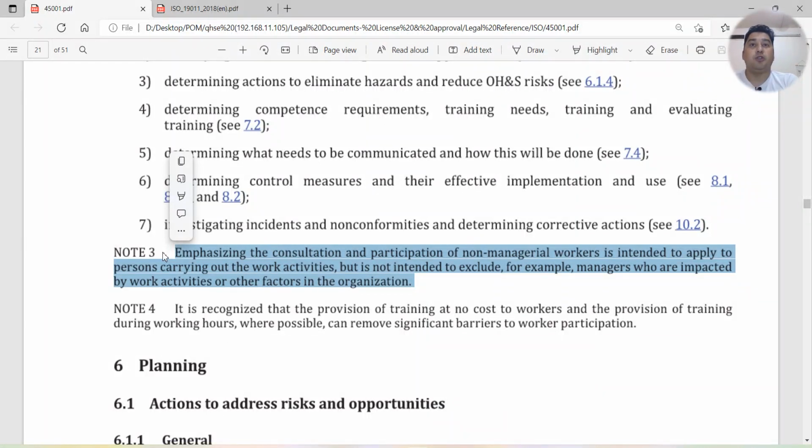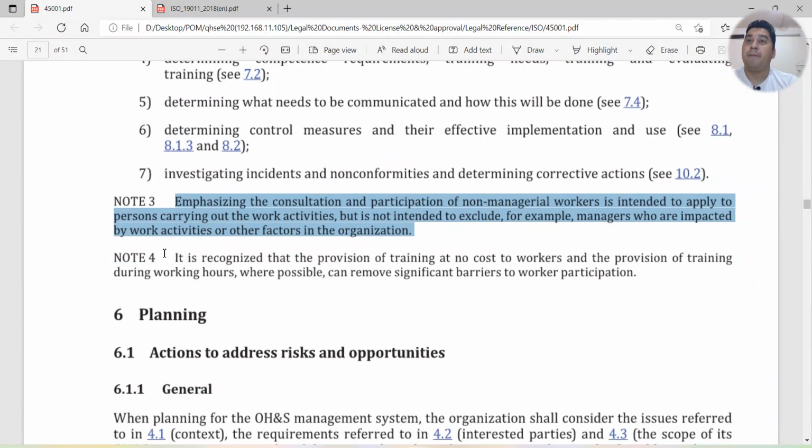But it's not saying that you have to exclude the managerial level, whose knowledge and information is very crucial in the organization. So you have to include the managerial level also, and the non-managerial level also. The clause does not say that you have to exclude; you have to include both.